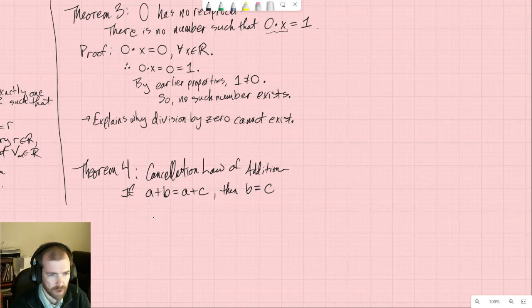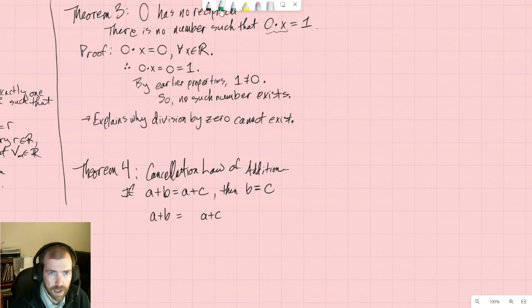So we know that A plus B is equal to A plus C, so therefore we can add on the left a negative A.